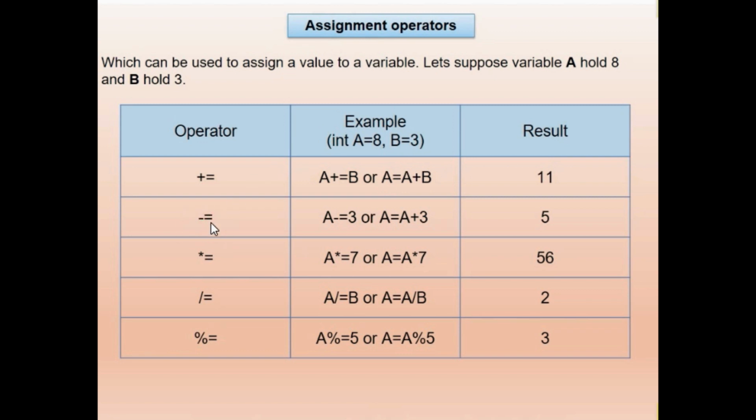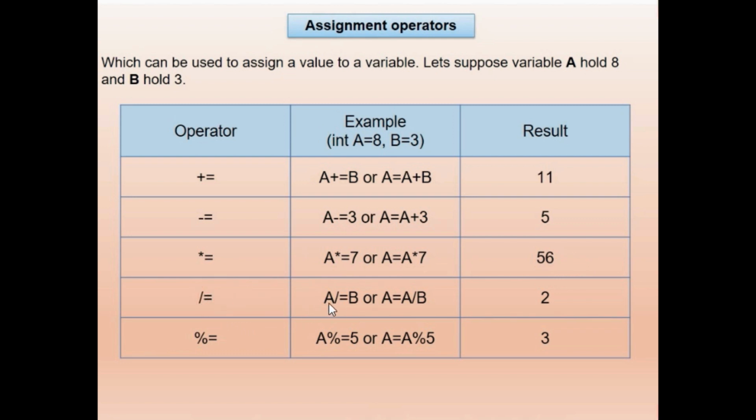Next operator is minus equals to. It says a minus equals 3, that means a equals a minus 3, that is 8 minus 3 is 5, that's why the final result is 5. Then multiply equals to, that is a multiply equals 7, the final result is 56.